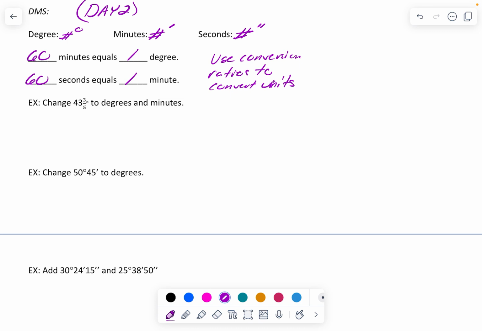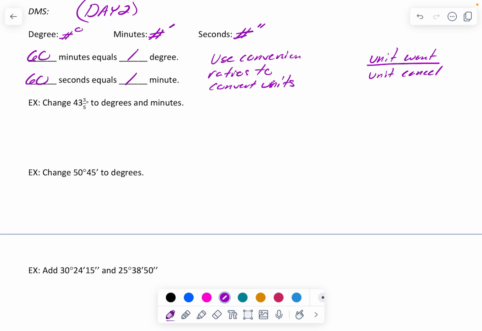We can go minutes to degrees or degrees to minutes and so forth. So when we use a conversion ratio, and you've probably seen this before, like when we convert from feet to inches, we're going to put the unit we want on the top of the ratio and the unit we want to cancel underneath.